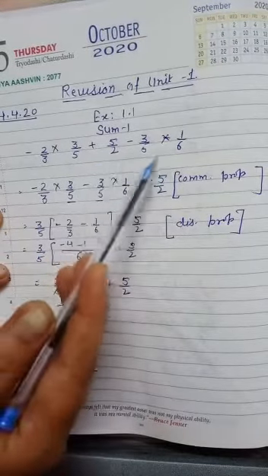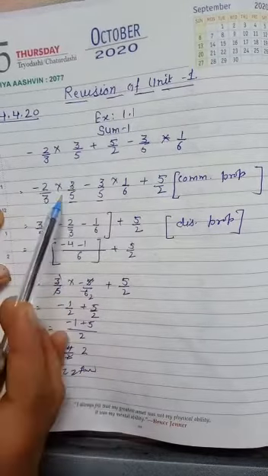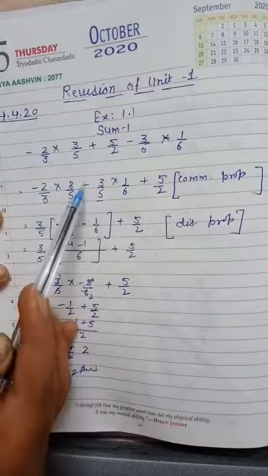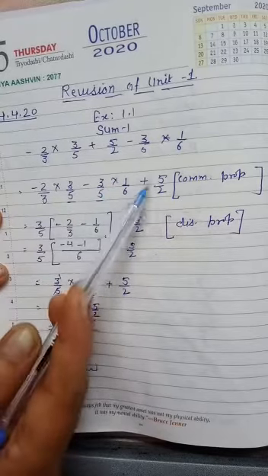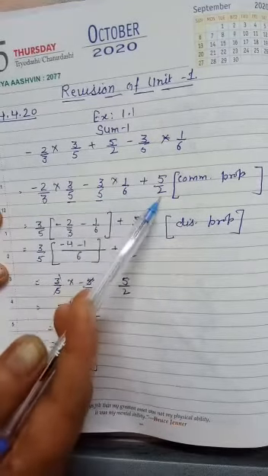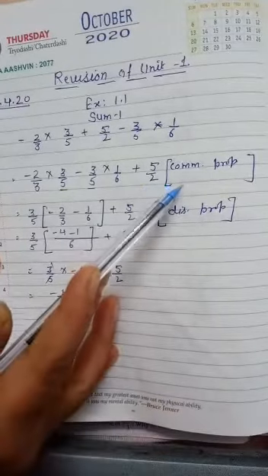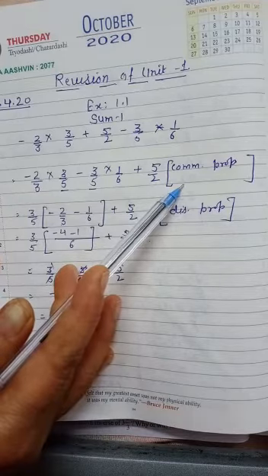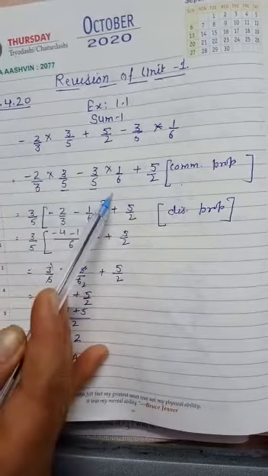It means we are changing the place of two terms only. The first term stays fixed, so it becomes −2/5 × 3/5 − 3/5 × 1/6 + 5/2. When we change the place of those two terms, this property is known as the commutative property.